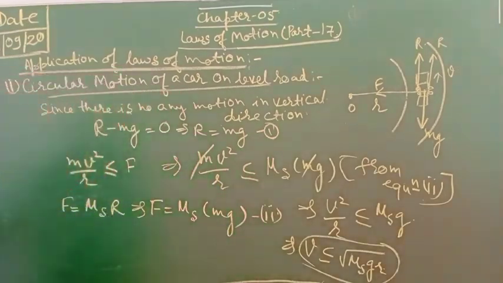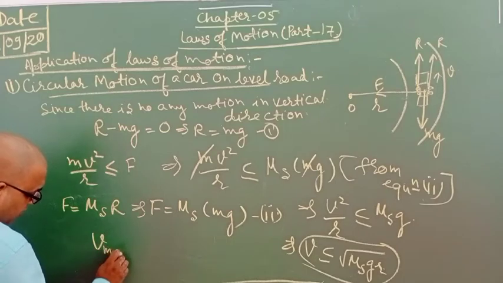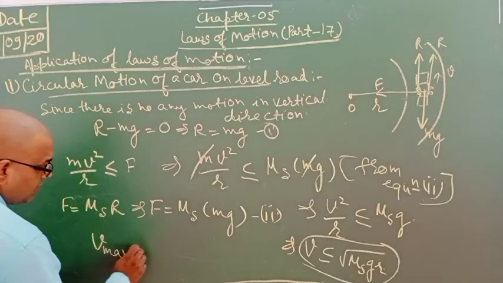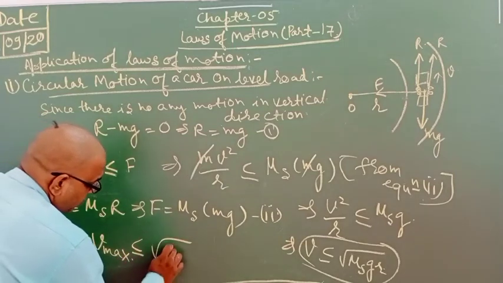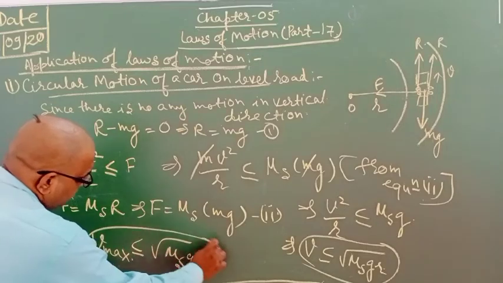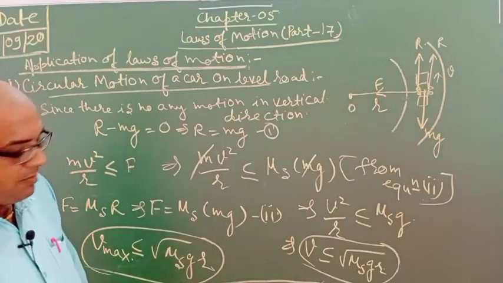So we can write it as maximum velocity Vmax, to take the circular turn, it is less than or equal to under root mu s g r. This is the maximum velocity for the safe turn of the car on the level road.